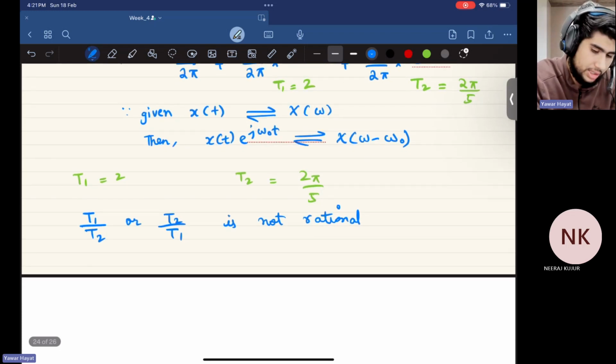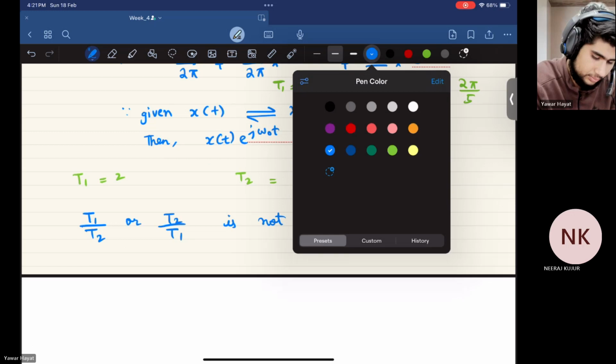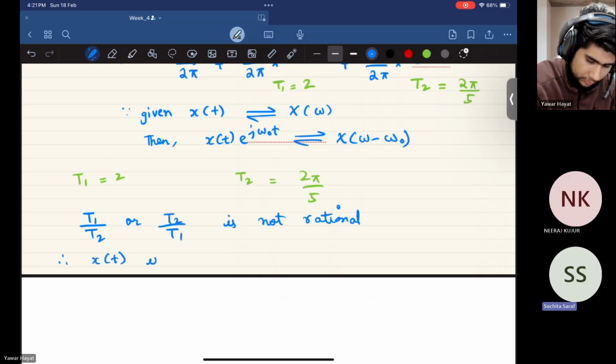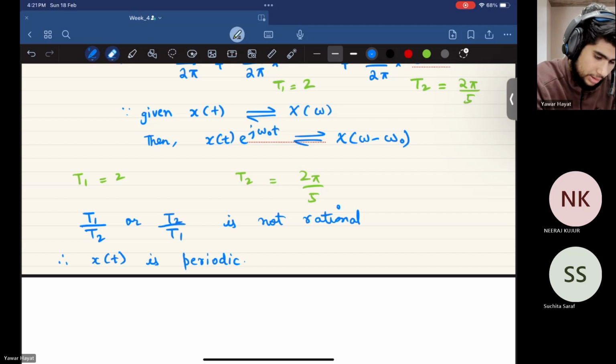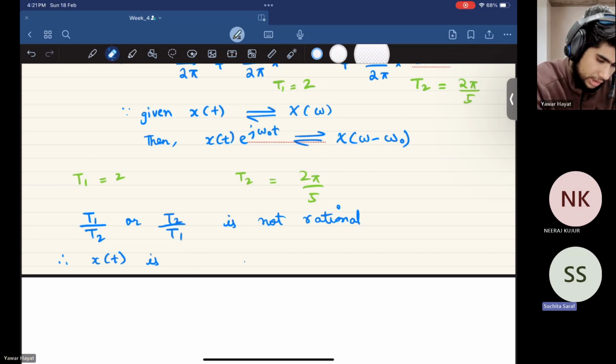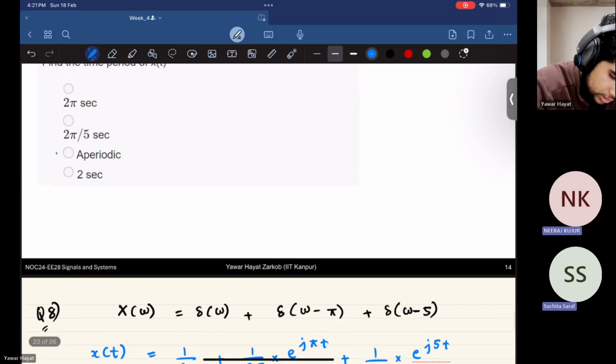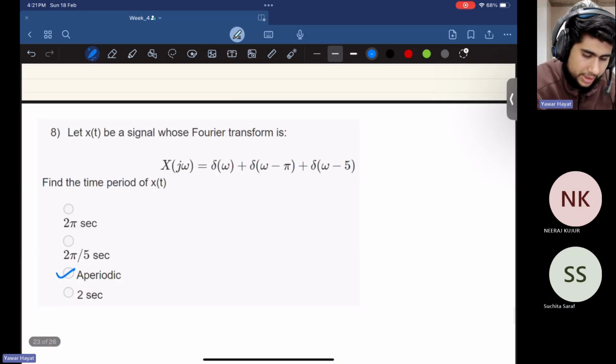So x of t is aperiodic. Option C should be correct, right?